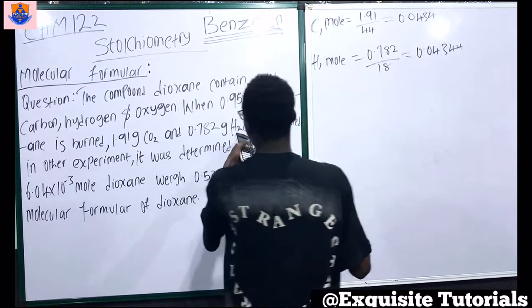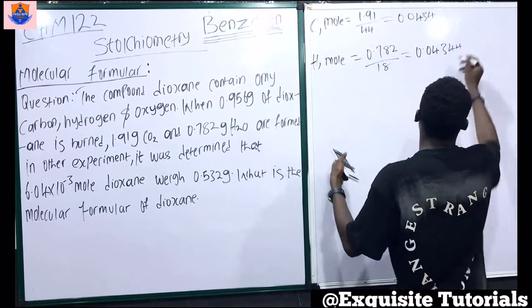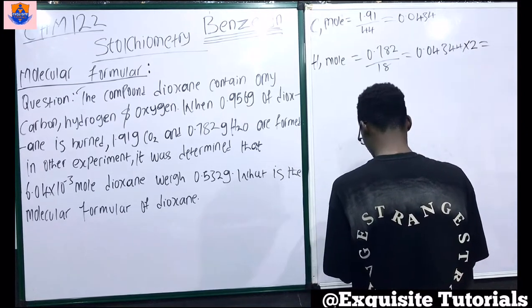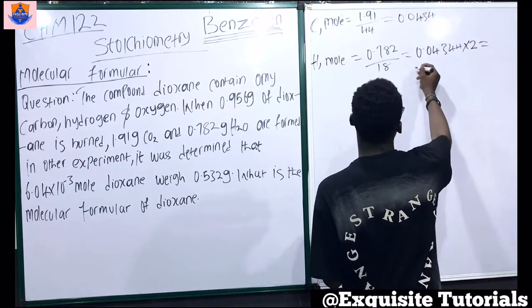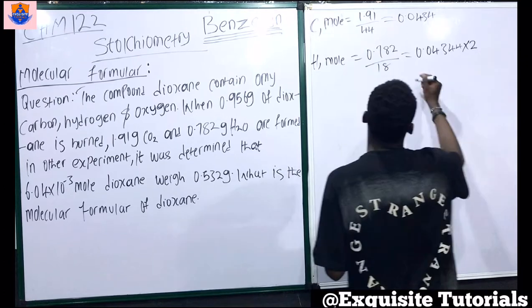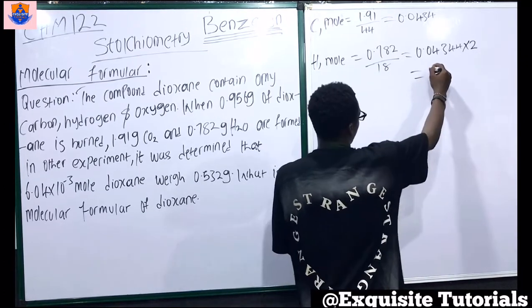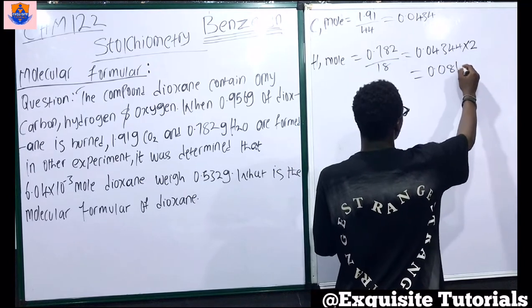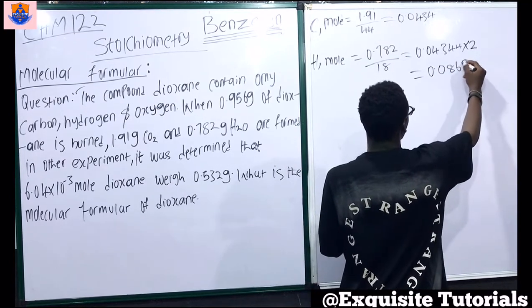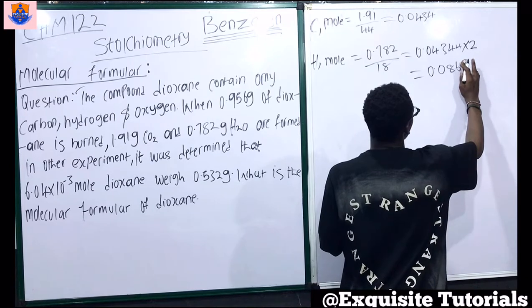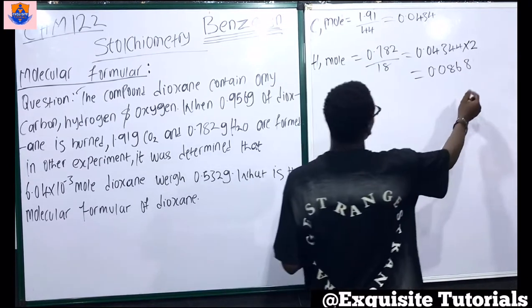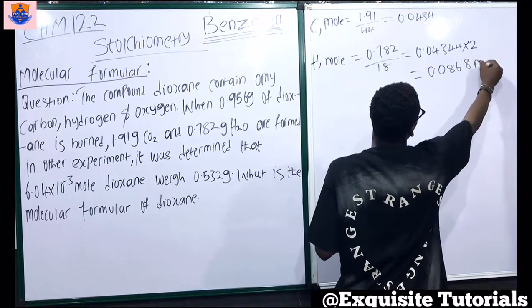For hydrogen, there are 2 atoms, so we multiply by 2. So we have 0.0869, approximately.